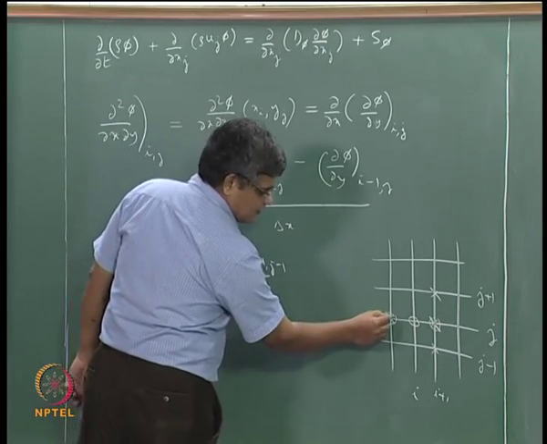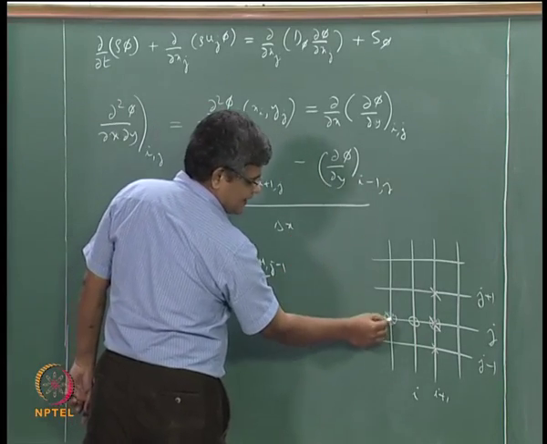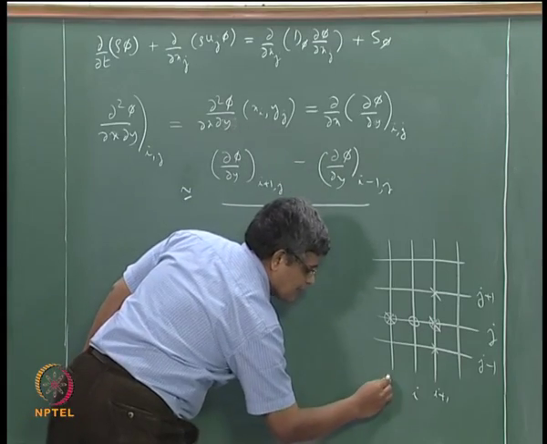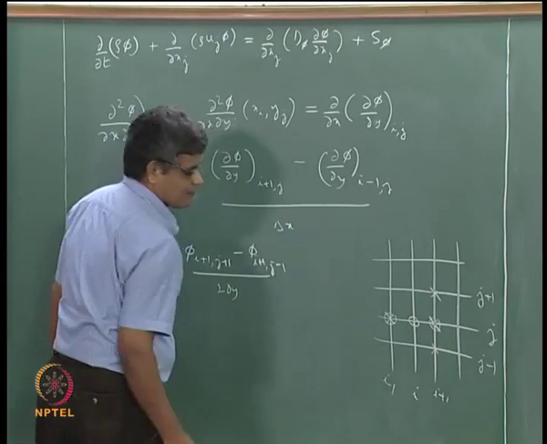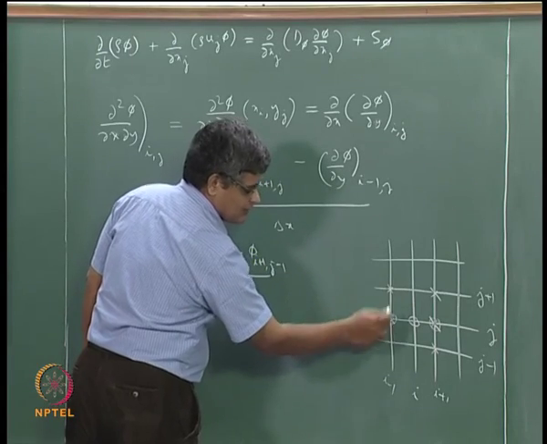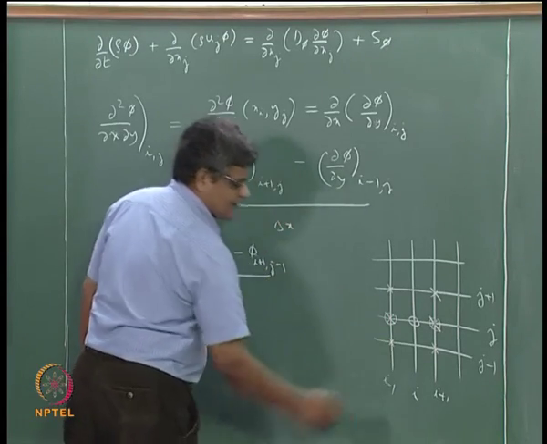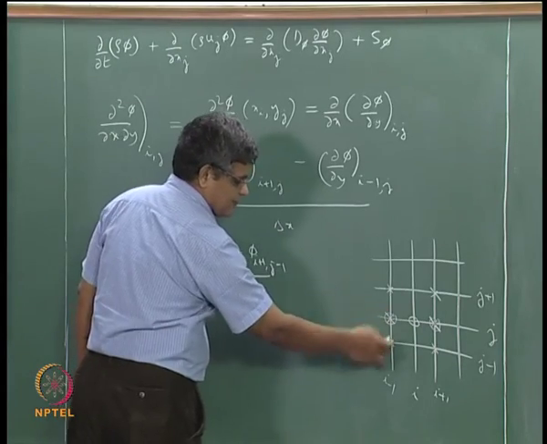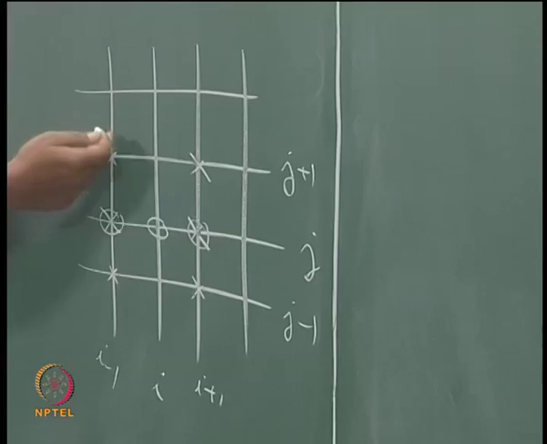Similarly, dou phi by dou y at I minus 1 j, this is I minus 1 and j here, can be expressed as phi value at j plus 1 minus phi value at j minus 1 divided by this 2 delta y, and both the phi values are evaluated at I minus 1.